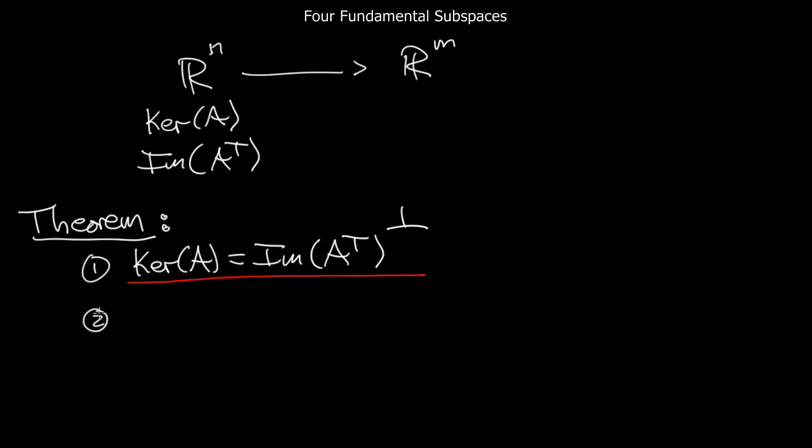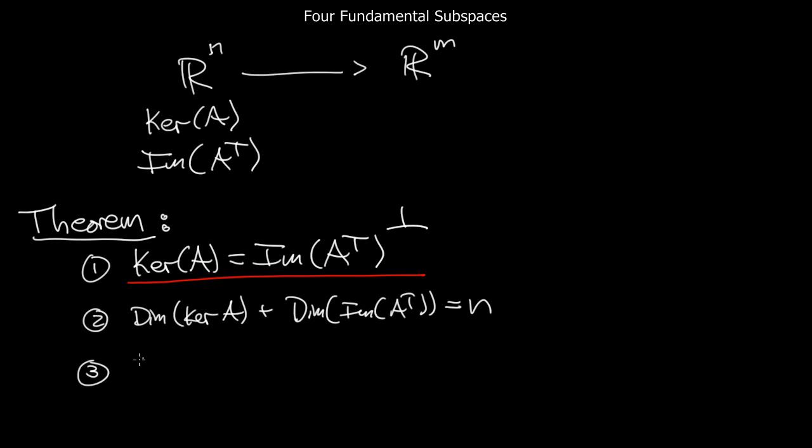And as a consequence, you conclude that their dimensions add up. The dimension of the kernel of A plus the dimension of the image of A transpose is equal to n. Well, we already knew that. I'm just telling you again. And any vector in R^n can be written as a vector in the kernel plus a vector in the image, and uniquely.